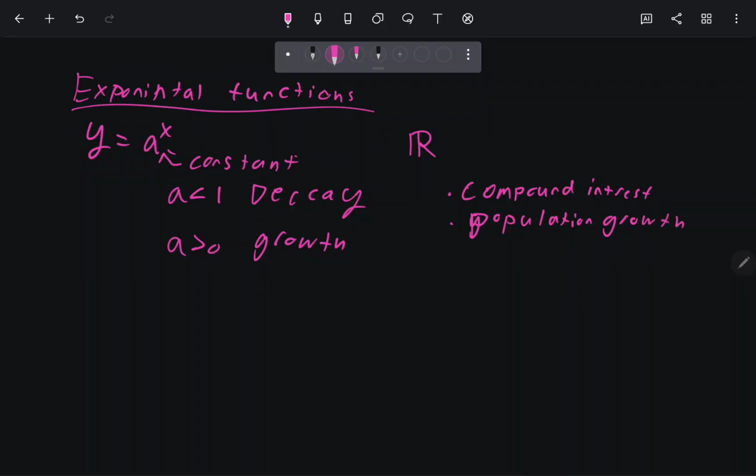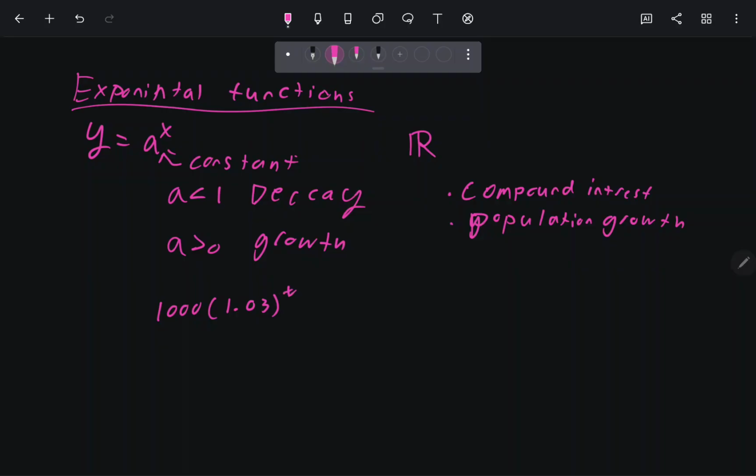So if I wanted to know how much money I'd have if I invested a principal amount, let's say $1,000, into a bank account, and it got a 3% interest rate a year, so we're going to say that it's going to keep the original one and get 3 more percent.